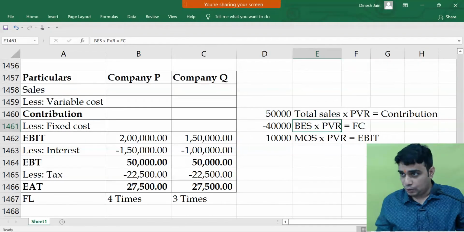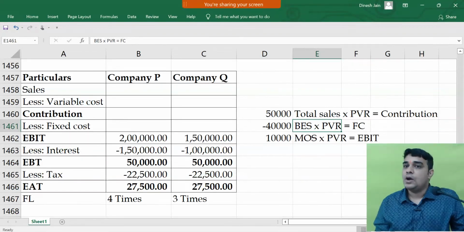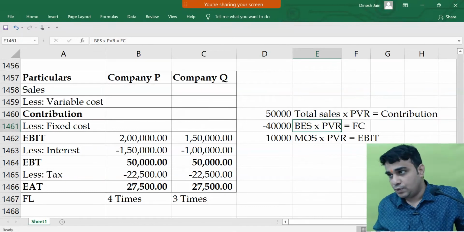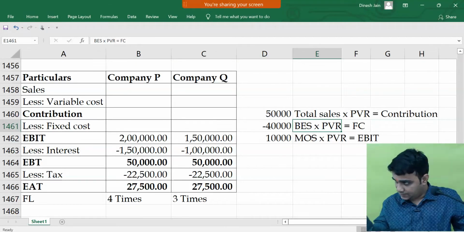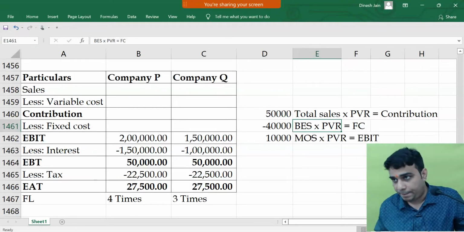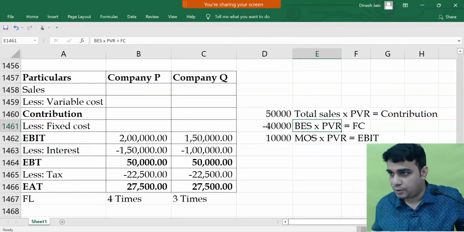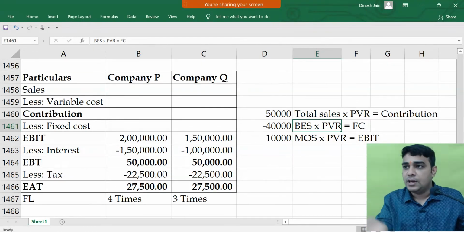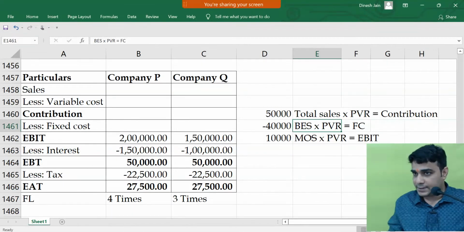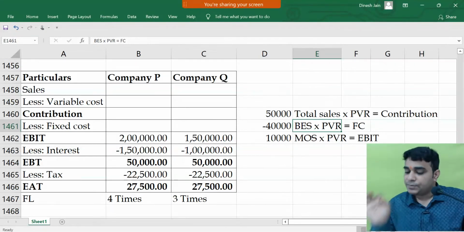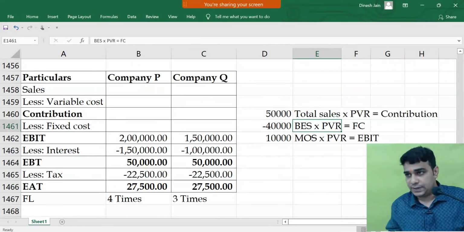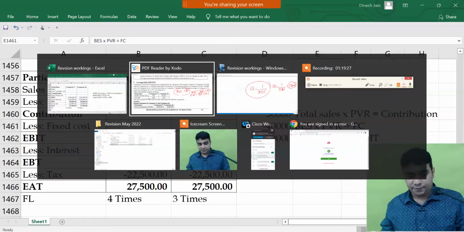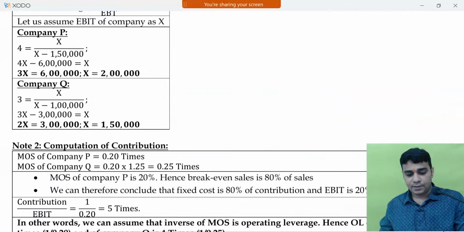So once you do a reciprocal of margin of safety, that ratio, you get operating leverage. That's the only formula I wanted to touch upon, because the balance is simple. Once I tell you operating leverage, you will calculate contribution, you will calculate sales, everything will be a formality. The important part is inverse of margin of safety. Inverse of margin of safety is your operating leverage.